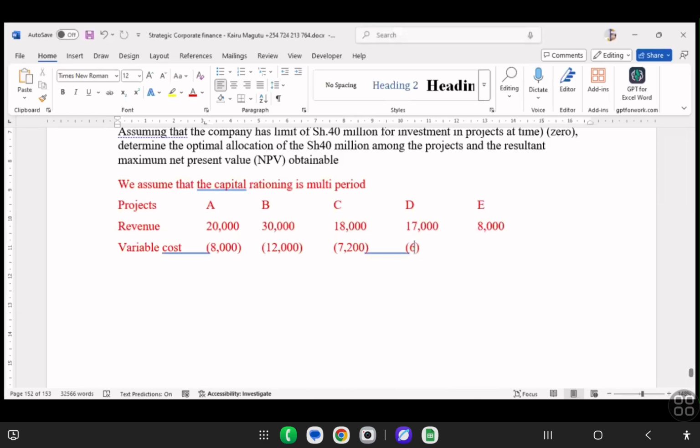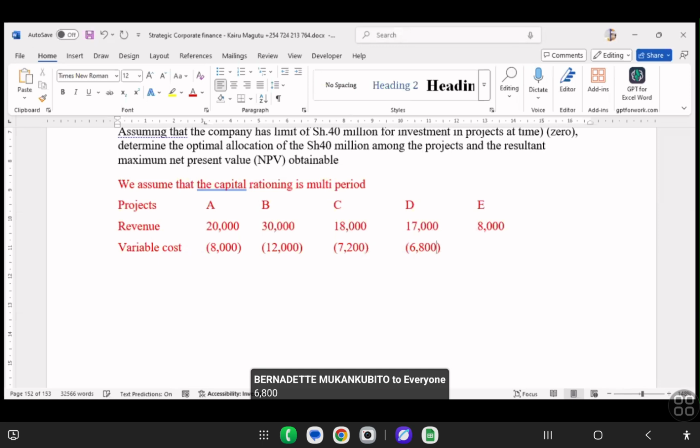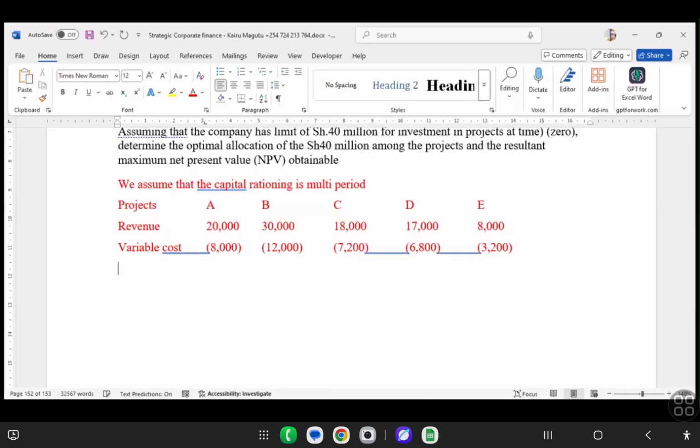This is 6.8. Then we have 40% of 8. This is 3.2, I think so. Then you have the fixed cost. The fixed cost.